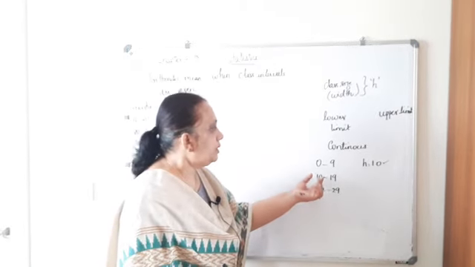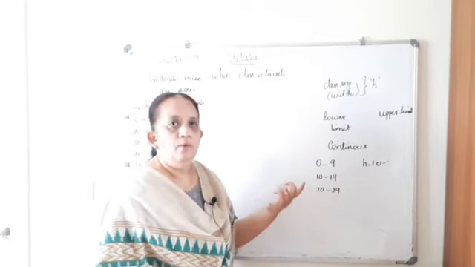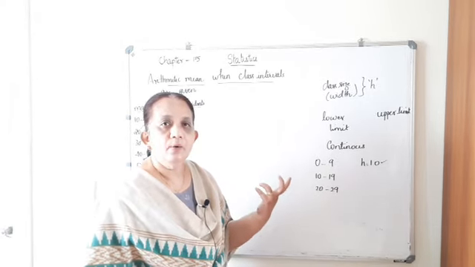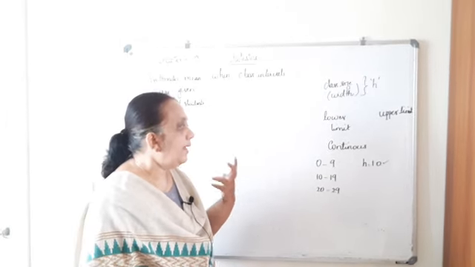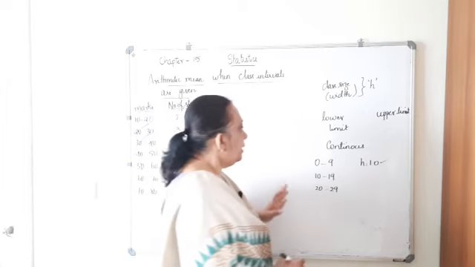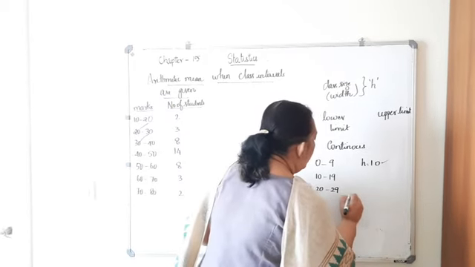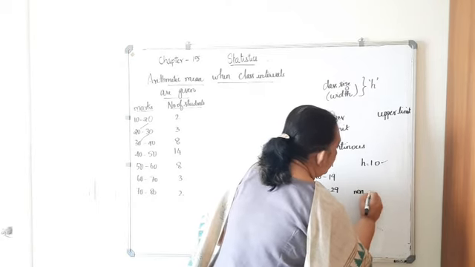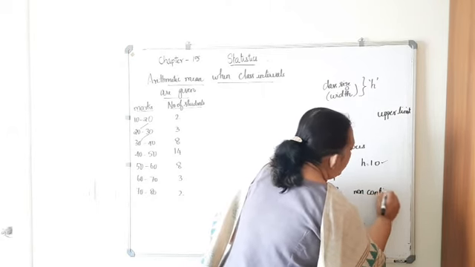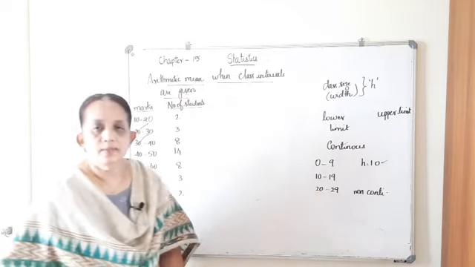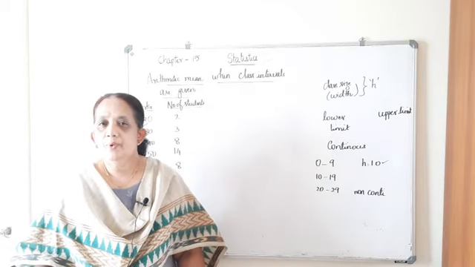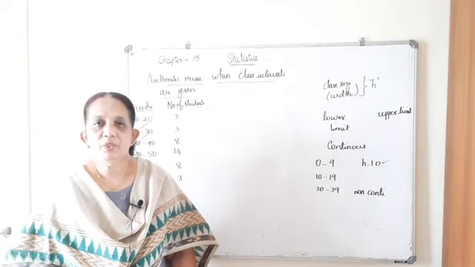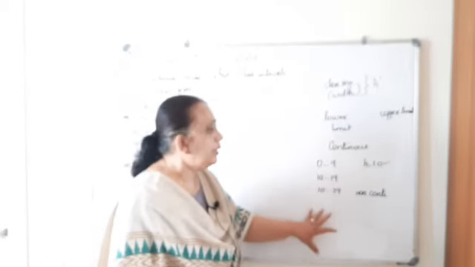So, suppose a student is scoring 9.5, where will you include that mark? In that case, this is called a non-continuous class. In a non-continuous class, whenever you do a problem in statistics, we have to make sure that the classes are all continuous.